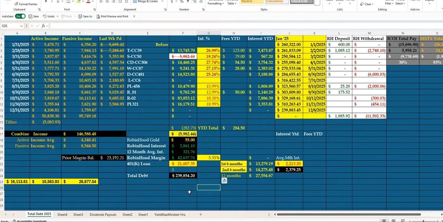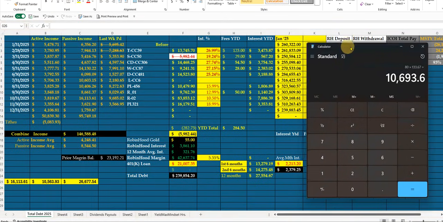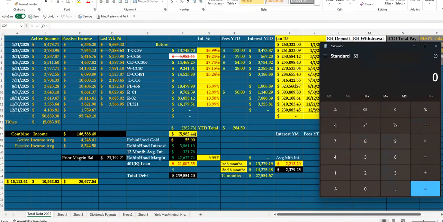All right. So our total debt now sits at $239,854.20. Our highest debt was around August at $323,560.57, minus $239,854.